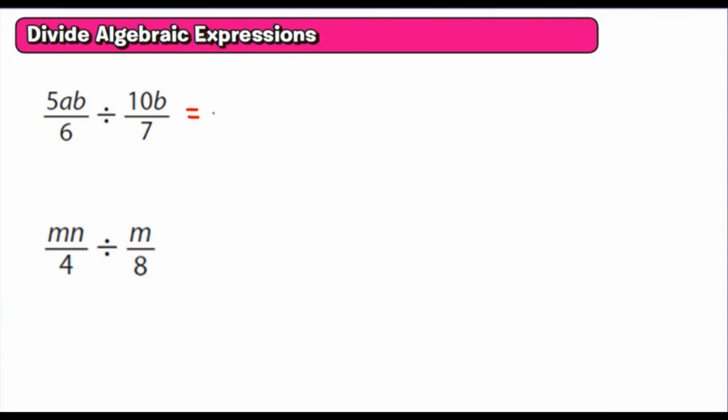So this is going to become 5ab over 6 times the reciprocal of 10b over 7, which is 7 over 10b. And I do have common factors here. 5 and 10 have a common factor of 5. 5 divided by 5 is 1. 10 divided by 5 is 2.